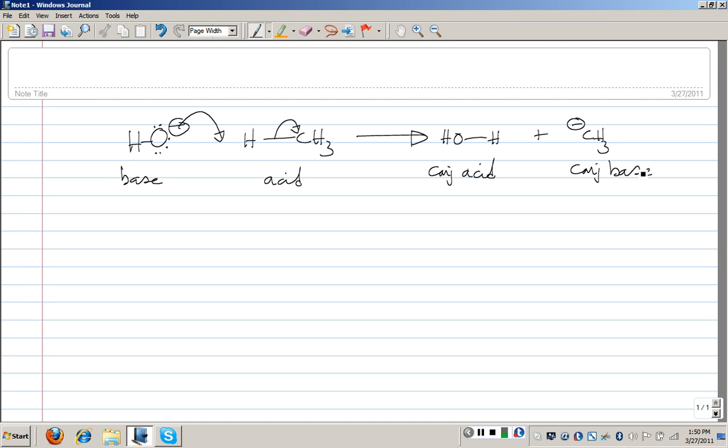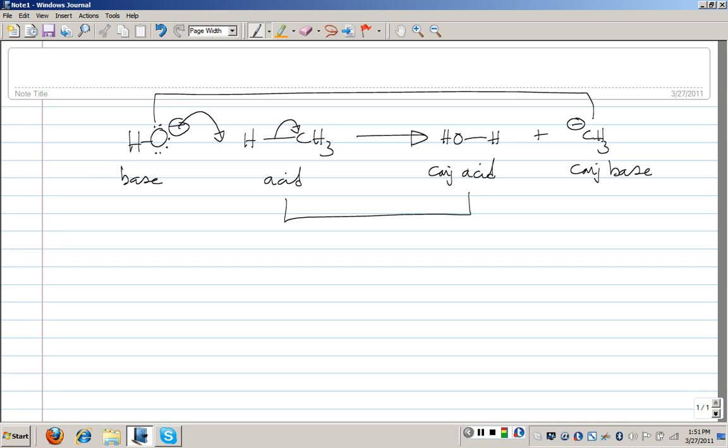So the question I have to ask is, is hydroxide a stronger or weaker base than methide, or methanide? And is methane a stronger or weaker acid than water? Asking whether hydroxide is a stronger base than methane, or whether methane is a stronger acid than hydroxide, is an irrelevant question.